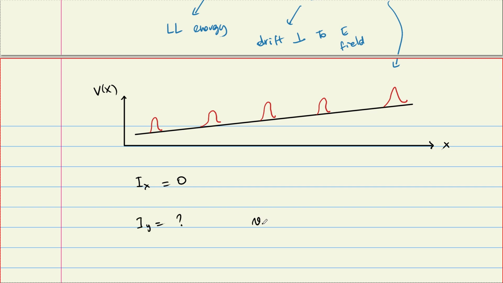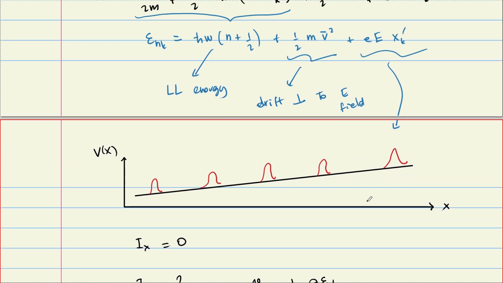And for that, I need to calculate Vy, and Vy is 1 over h bar dE_n,k over dk. And from here, I see that there is no k dependence here, there is no k dependence here, there is only k dependence here.